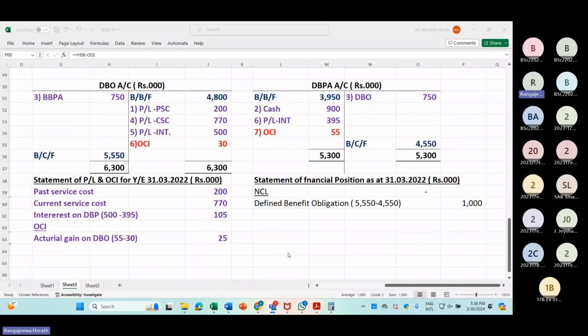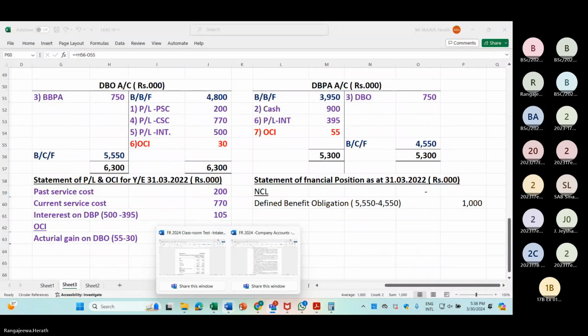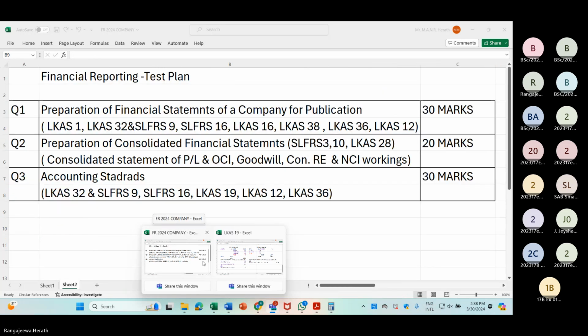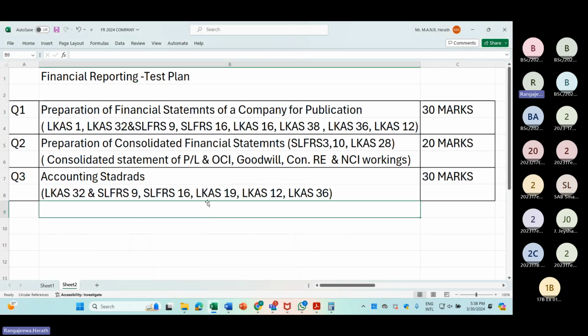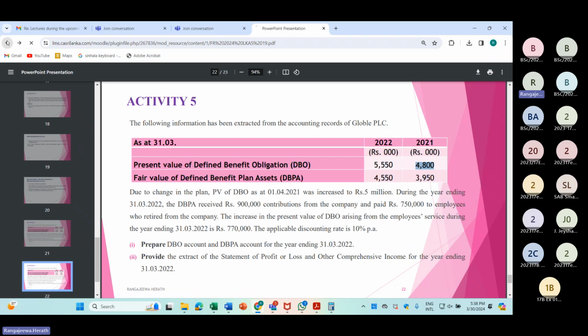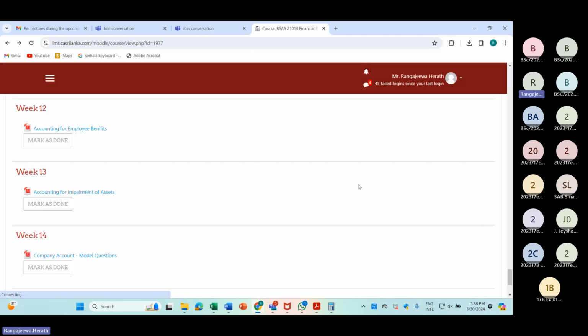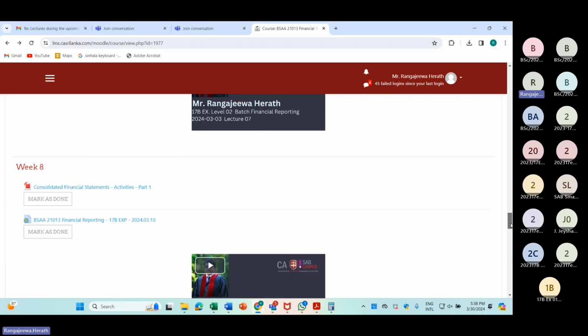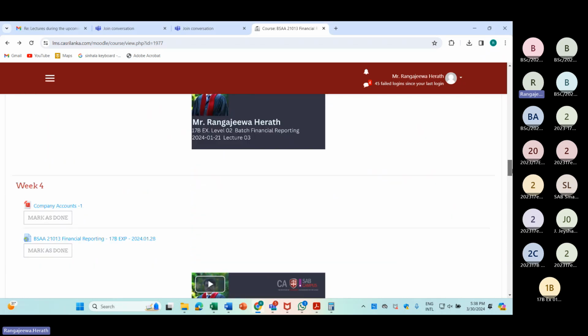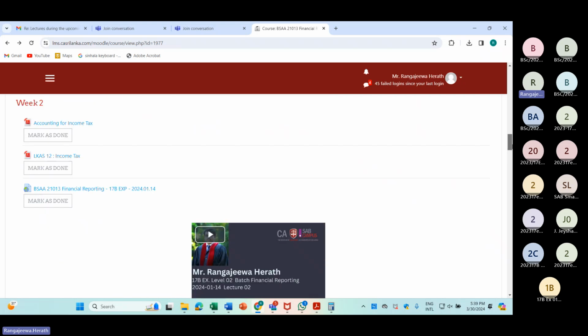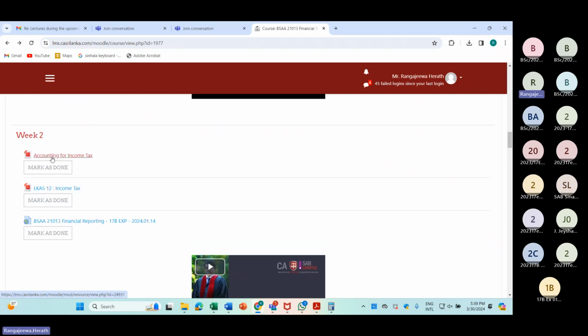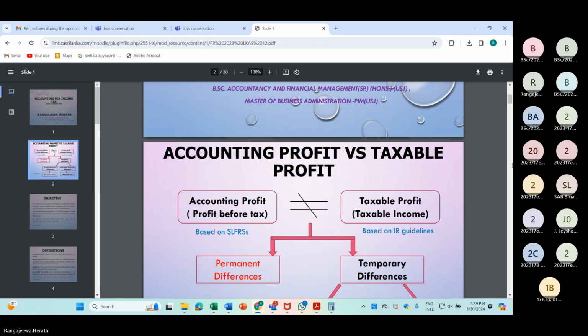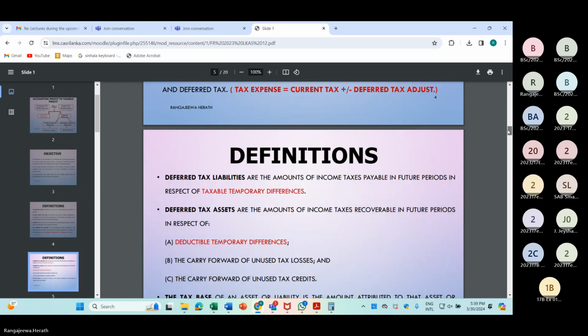Right. Then the LKS 12, we had LKS 12 income tax. They are the main area we covered the deferred tax. Right? Deferred tax. Normal income tax adjustment is tested with the company account. And deferred tax part will be tested with this question.